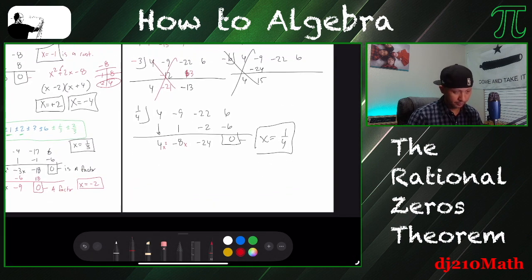But let's see. So 1 and 96, 2, 3, 4. What's that? 4. It's going to be 1. No. 2. 5, 6. All right, so 6 is going to go 1 time.